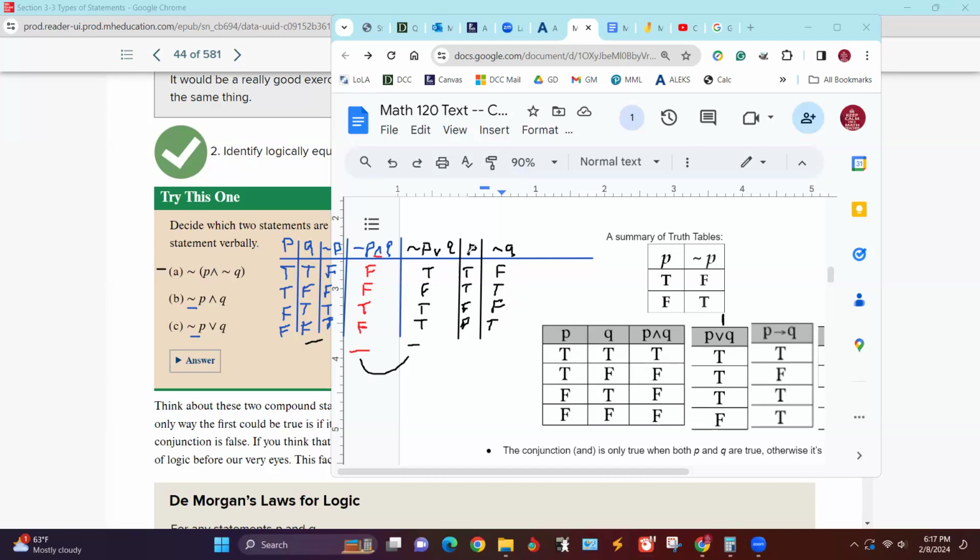So I got the P and I've got the not Q right there. What I got to put it together with is the and. So I'm going to use the and rule again, and I'm going to put those results right there. So this is going to be P and not Q.